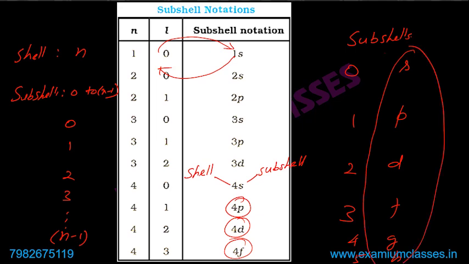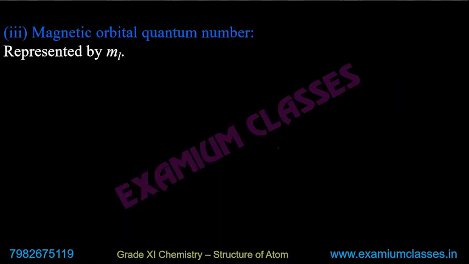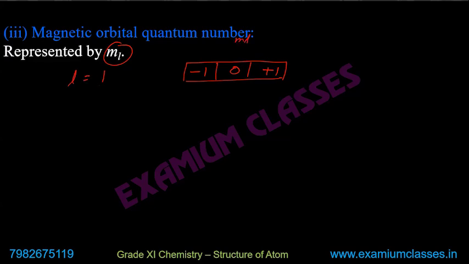s, p, d, f, g. Magnetic orbital quantum number means orbitals. When we say ml, if you recall, it ranges from minus l to plus l. For example, for l equals 1, ml was minus 1, 0, plus 1, means there will be 3 orbitals.